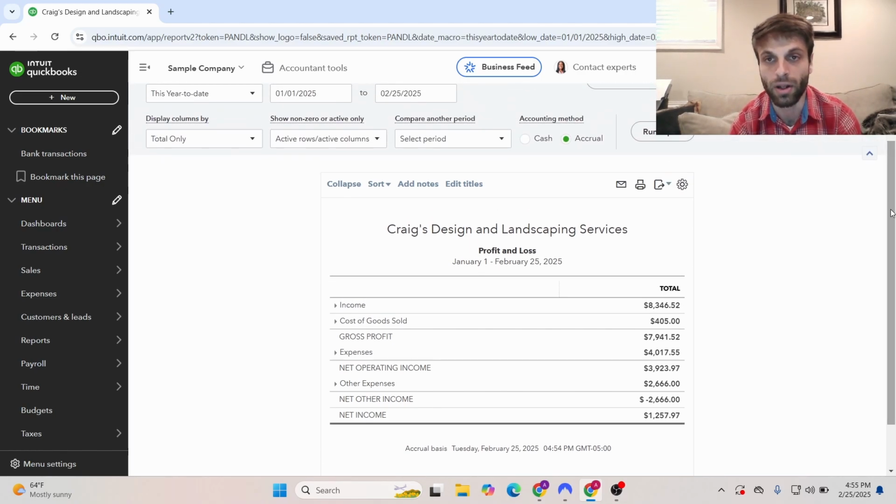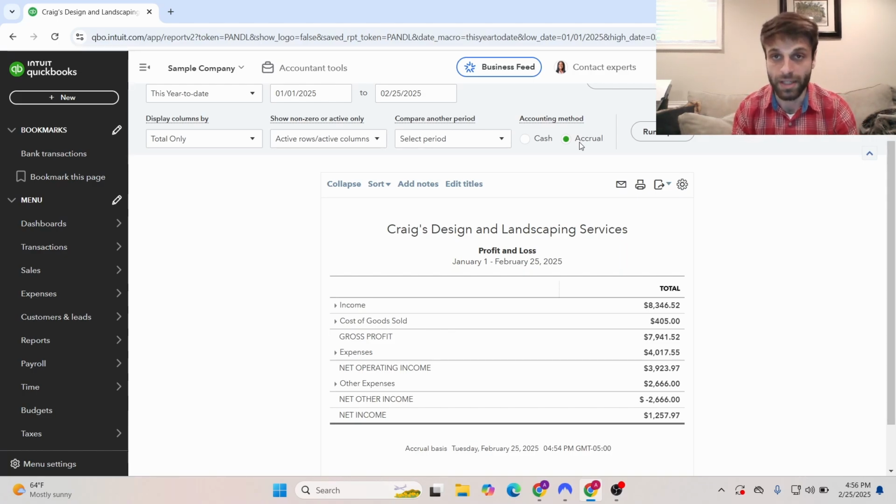Something that you'll note is we can change our accounting method up here. We have accrual and we have cash, right? With accrual, we are doing the calculations when the money is earned, when we earn money, or when someone else earns our money, right?